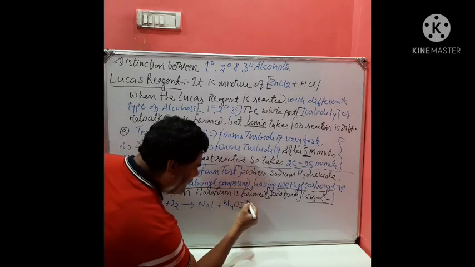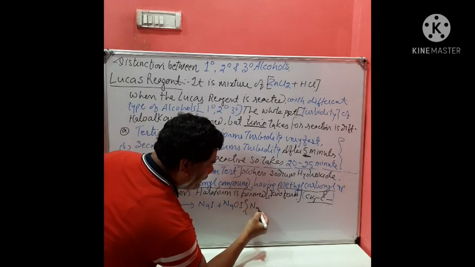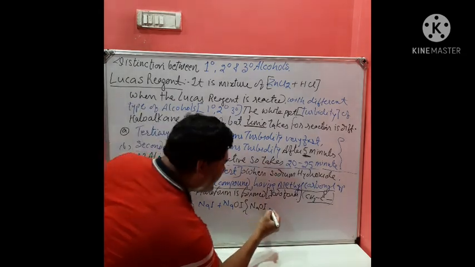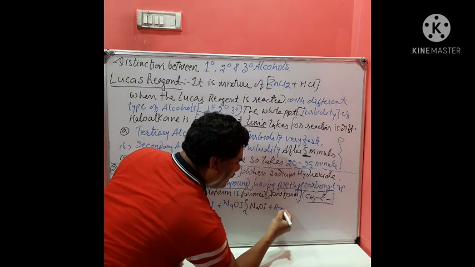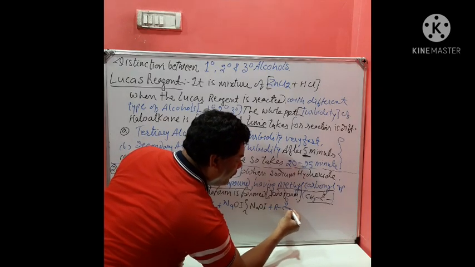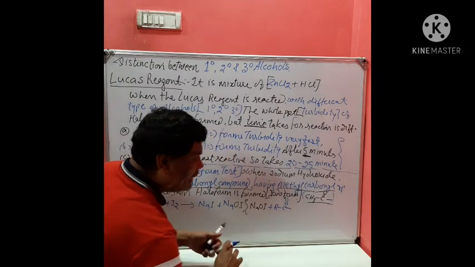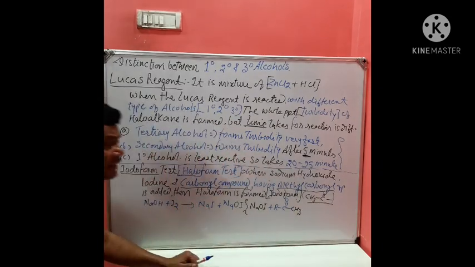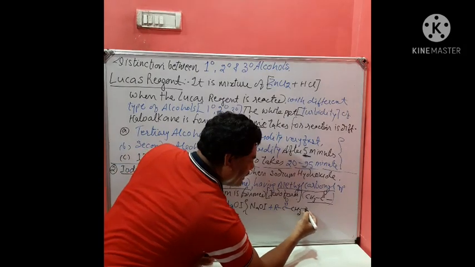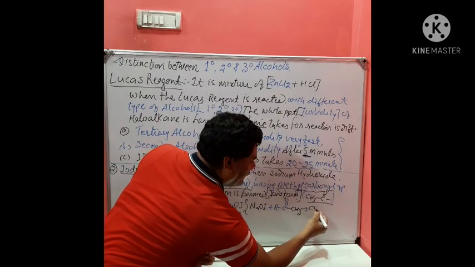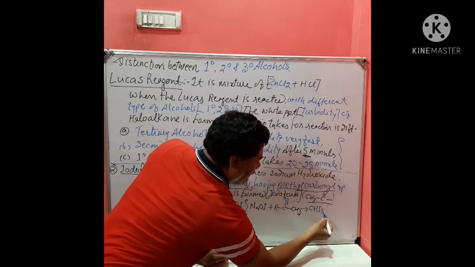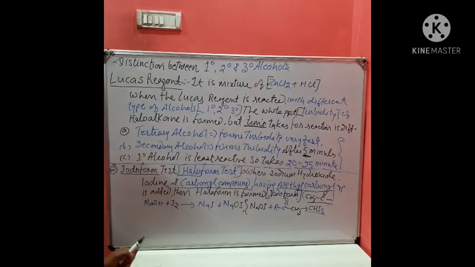And then in the next reaction, when NaOI, that is sodium hypohalite, is reacted with RCO, and there must be CH3, then with this reaction it forms CHI3. This is called iodoform.